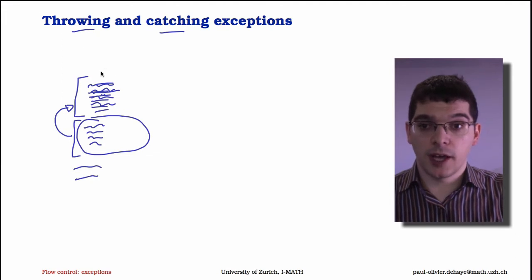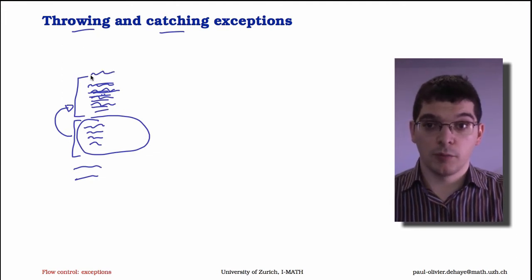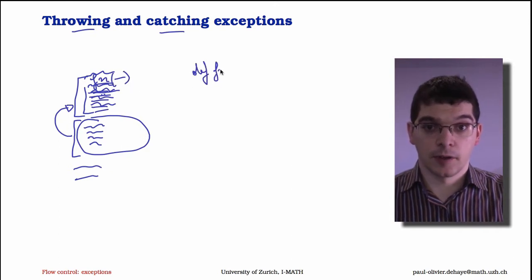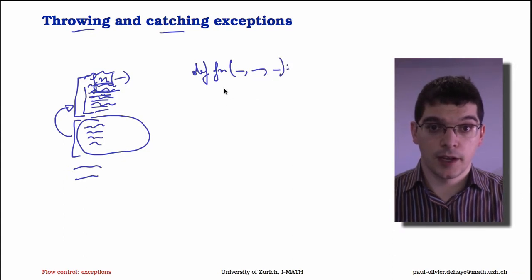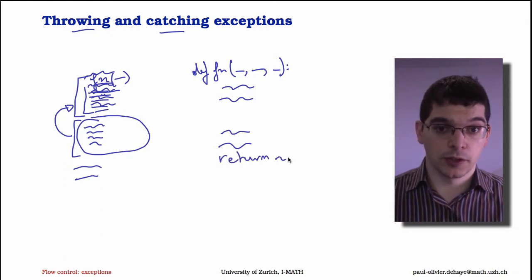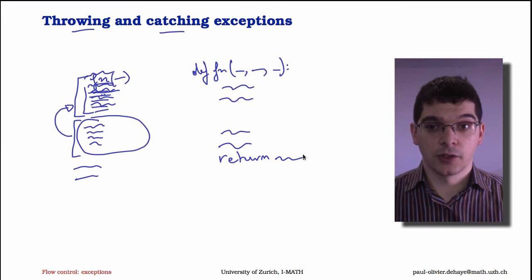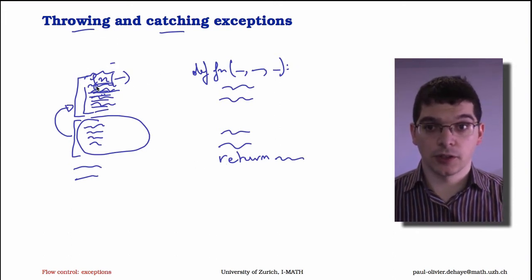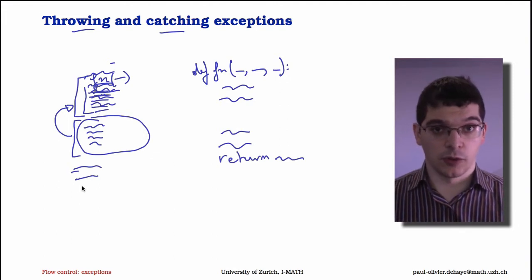But you could have one big block here that actually calls a function here that is defined somewhere else. Okay, and like before, this whole thing had a bunch of statements, and then in normal operation, you go all the way to the return some other statement. So in normal operation, you do all those, then you execute function, you return something, you go on, and then you jump here. That's the normal operation.